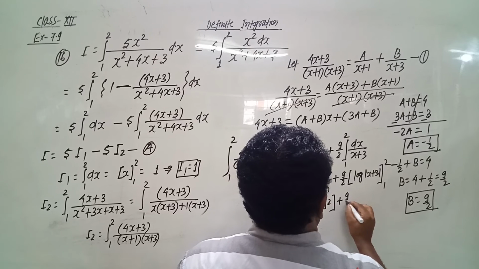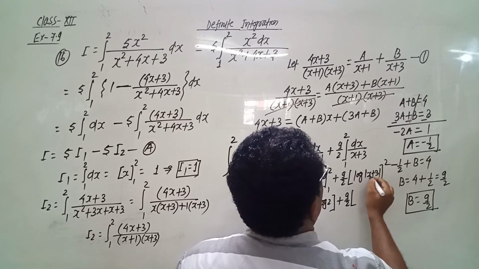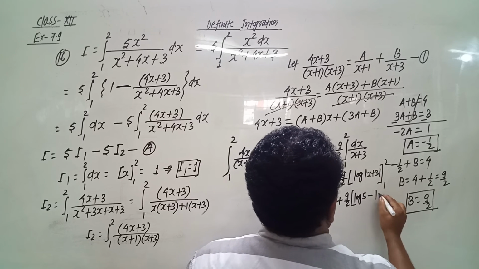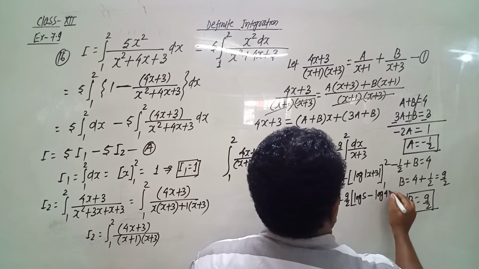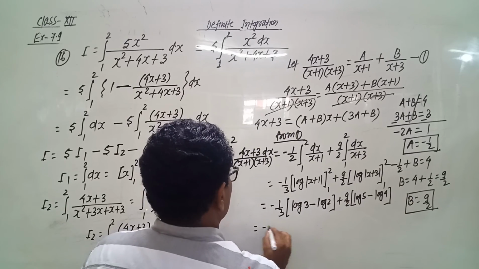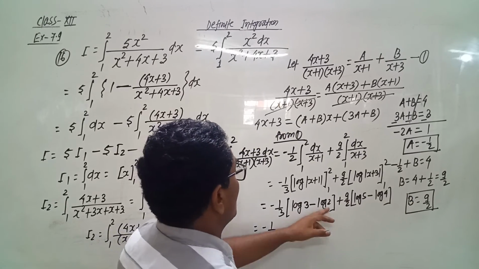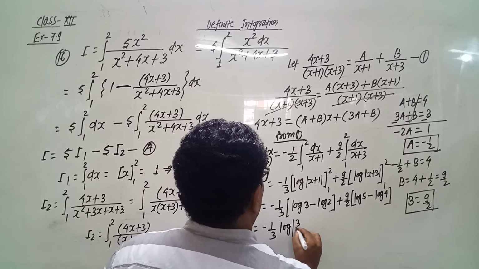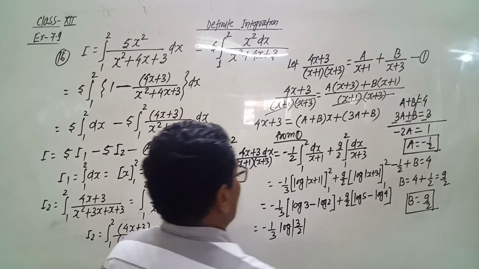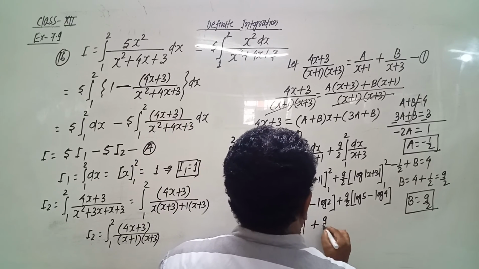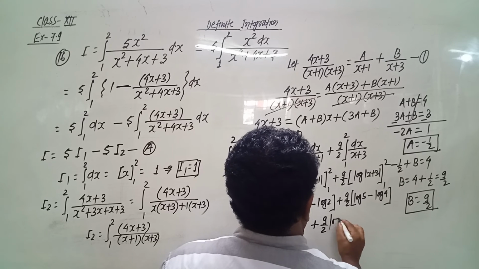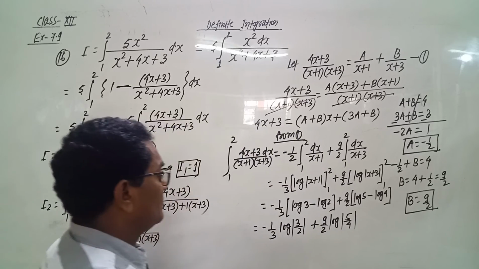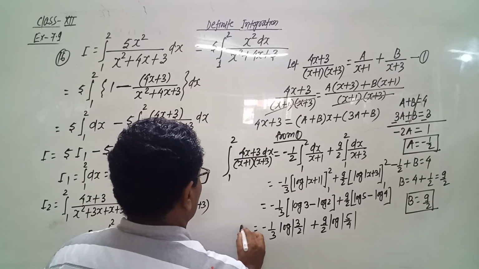Then plus 9 by 2 and upper limit 2 plus 3, log 5, minus lower limit put 1, so we get log 4. So this is minus 1 by 2 and log a minus log b is written as log of 3 by 2, plus 9 by 2 log of 5 by 4. This is the value of I2.